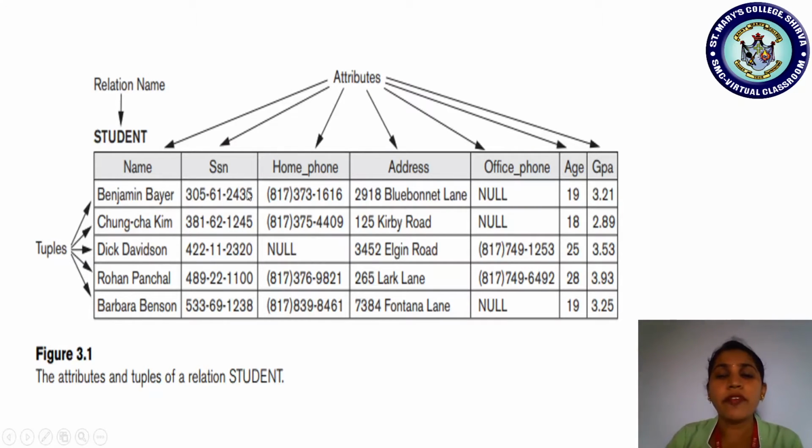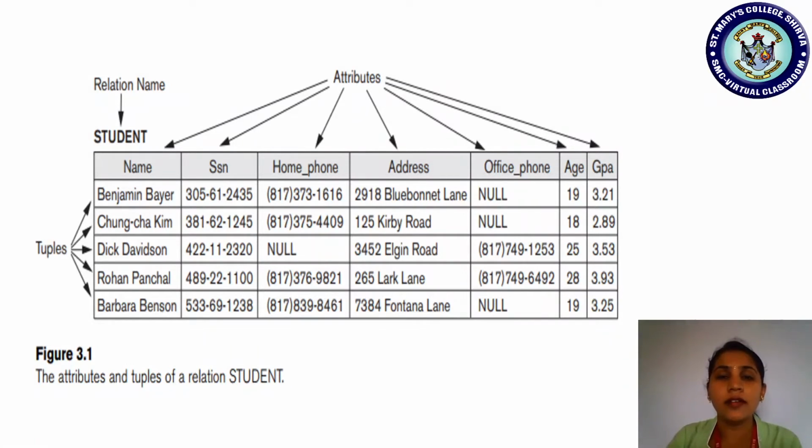If my condition is select from student relation where name is equal to Benjamin, the name should be Benjamin and that record has to be selected.